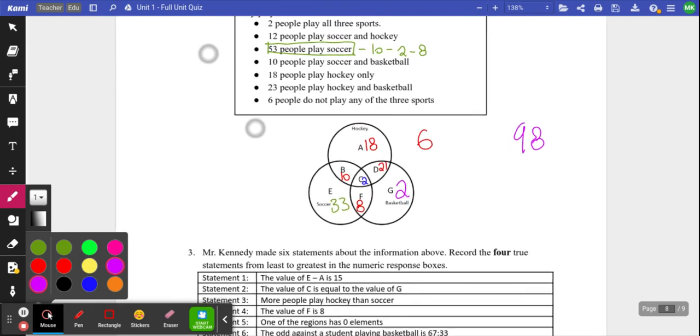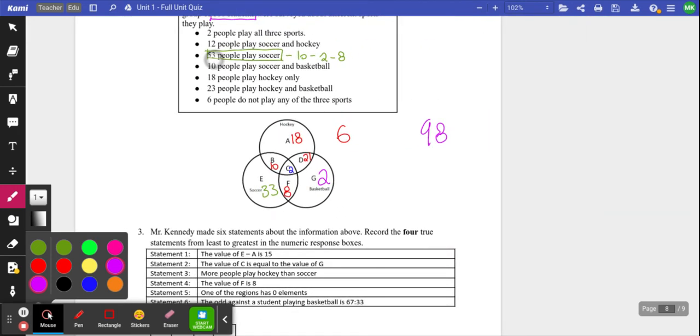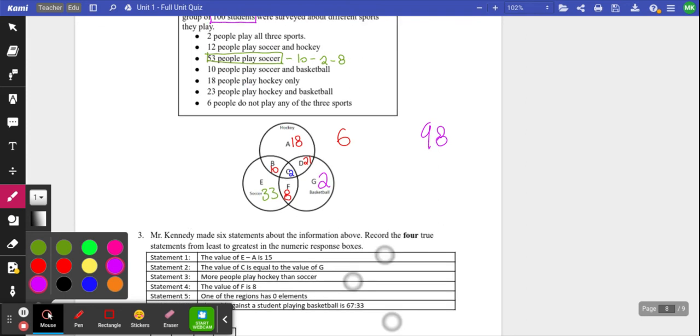It says that there's 4 true statements. E minus A equals 15 is false. So that didn't work. Value of C is equal to value of G. That is true. The circle C and circle G are both 2. More people play hockey than soccer. If you add everybody up in the hockey and everybody up in the soccer, you should find that more people actually play soccer than hockey.